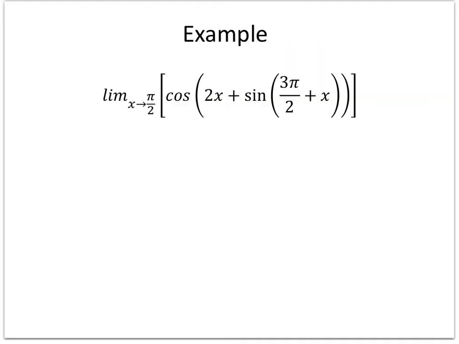Something like this, technically you're supposed to check that sine is continuous, this whole thing is continuous, cosine's definitely continuous. Now I can proceed. And technically that's what you're supposed to do first. Make sure all of these are continuous. With proceeding now, I can take this limit and bring it inside.